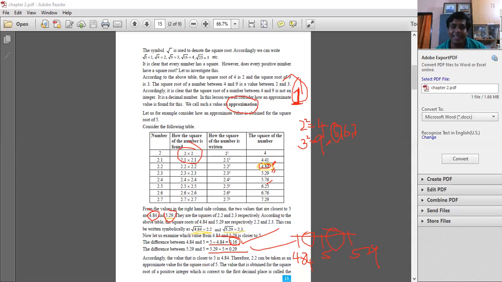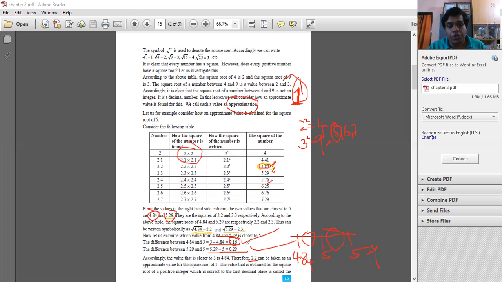Here we are approximating it, and we found 2.2, because 0.16 is the smallest difference, so 4.84 is the closest to 5. We calculated 5 minus 4.84 and got 0.16. Hence, it is very close to 4.84.